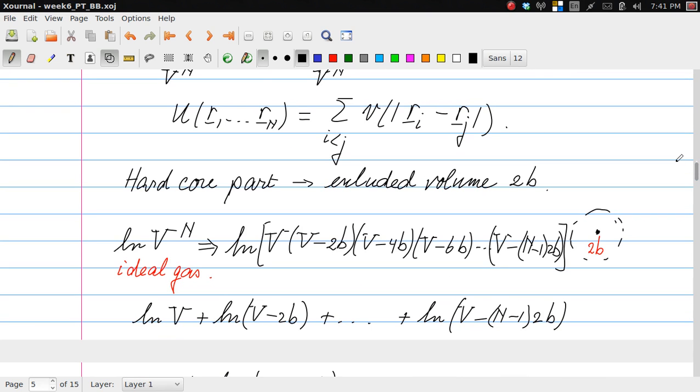Well, as I said, each particle will reduce the available volume for the next particle by an excluded volume 2b. So you should think of a particle being here, and then another particle is not allowed to get too close because of this repulsive interaction, and the volume that is excluded is called 2b.